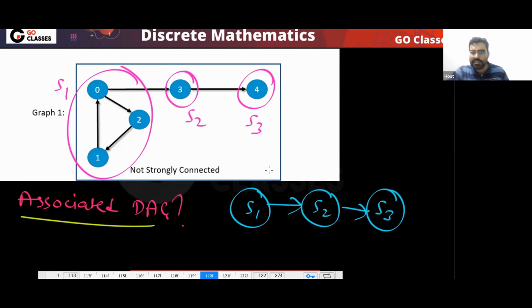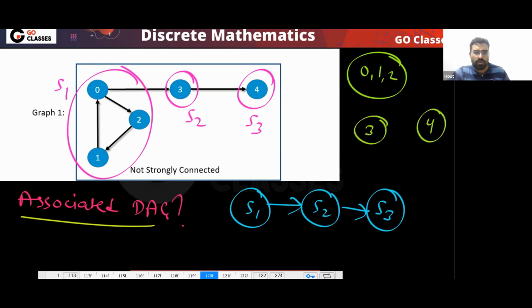Or you can understand it like this. Make one vertex for 0, 1, 2. Make one vertex for 3. Make one vertex for 4. Now you can notice there will be an edge from the first to the second because of 0 to 3, and from 3 to 4 there is an edge.